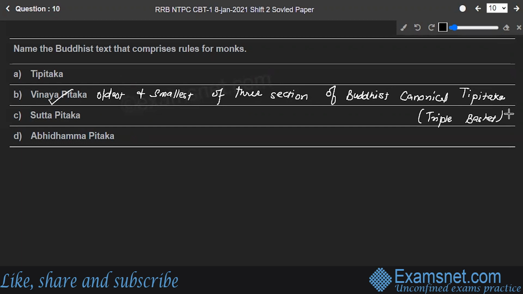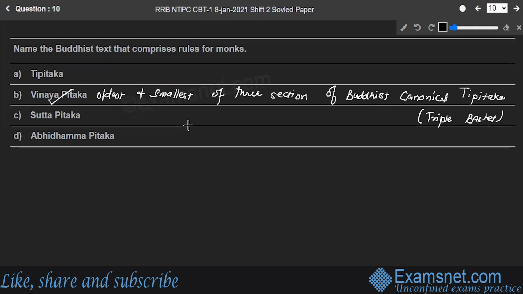It regulates monastic life and the daily affairs of monks and nuns according to the rules attributed to Buddha. Vinaya Pitaka is first of the Tripitaka and contains all the disciplinary rules of acts and duties formulated by Buddha himself for the conduct and guidance of monks and nuns.